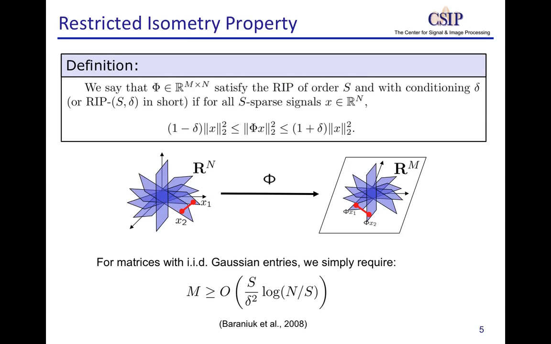We can ensure this for matrices with IID Gaussian entries, and we only require that m is at least something like S log n with some extra terms in there.